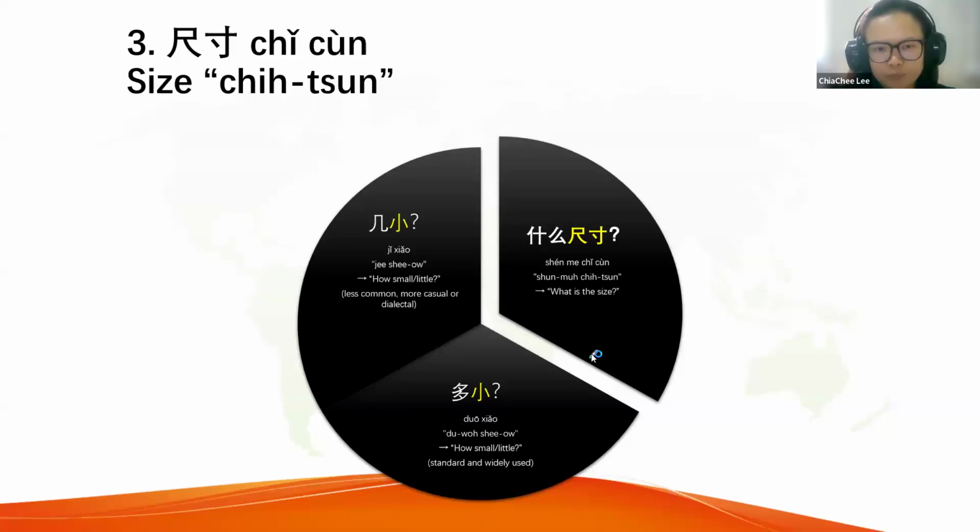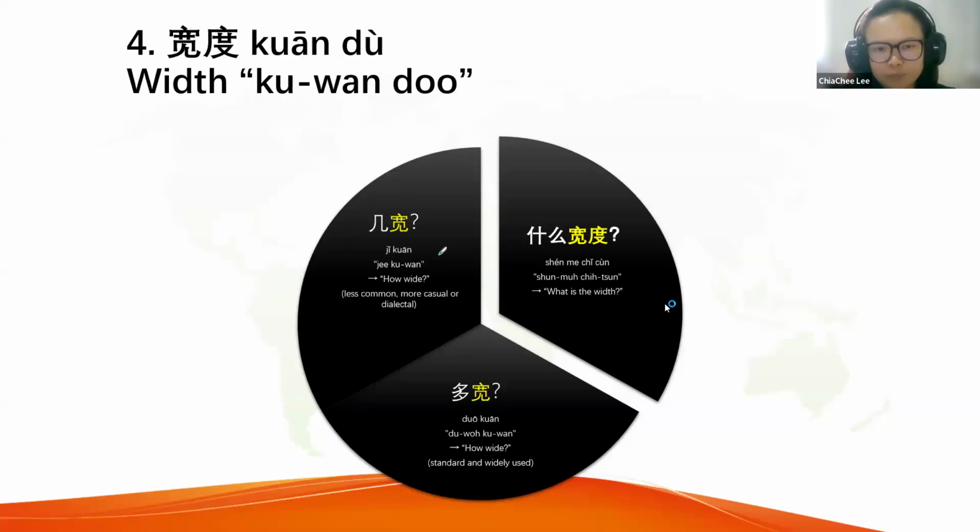Then we move on to 距离 or close distance. You can ask 什么距离, 多近.